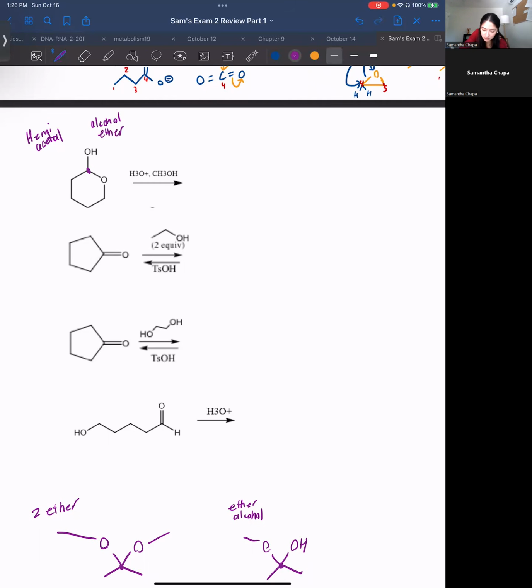So it's a hemiacetal. So then if I add one more alcohol group with an acid to it, I'm going to make it a full-on acetal. So I'm going from a hemiacetal to an acetal.